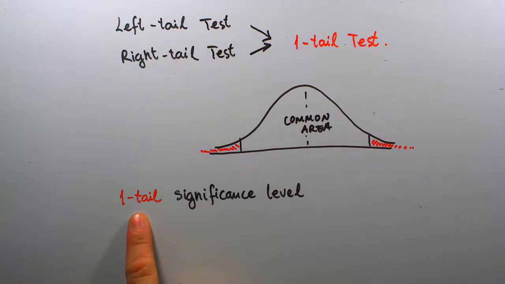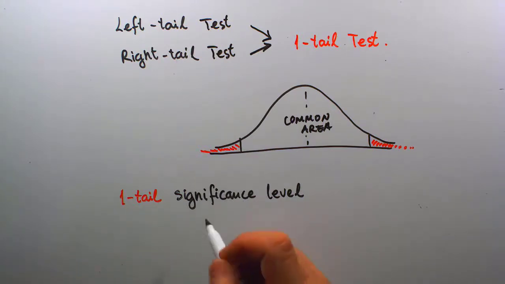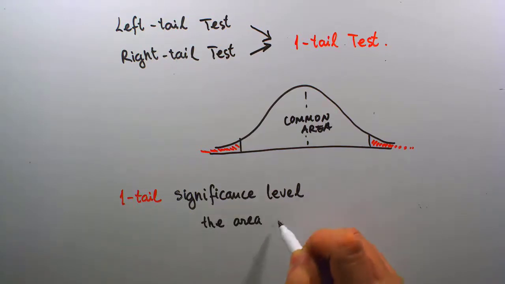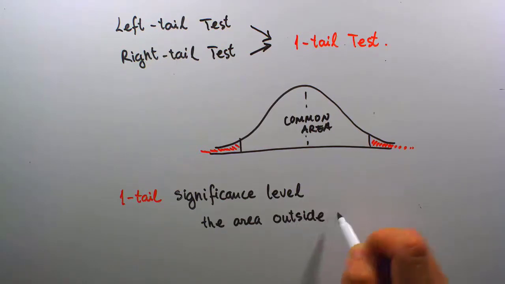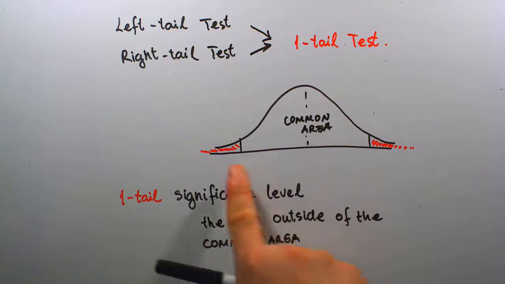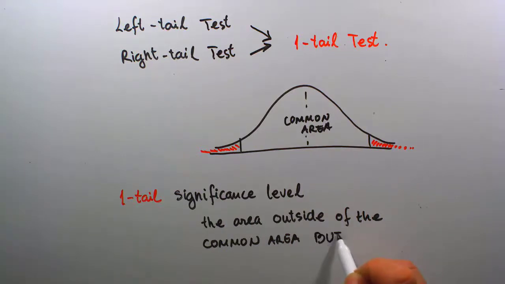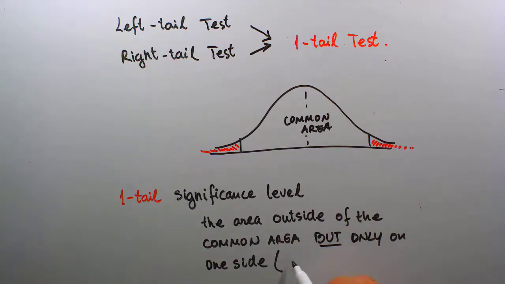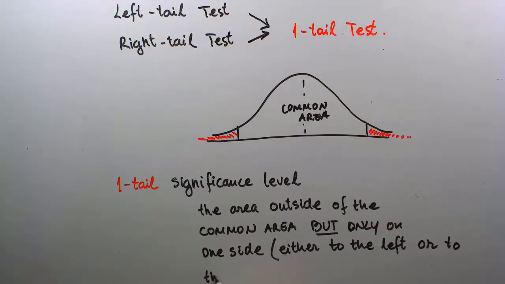And so being a one-tail significance level, it is the area outside of the common area, but only on one side, either to the left or to the right tail.